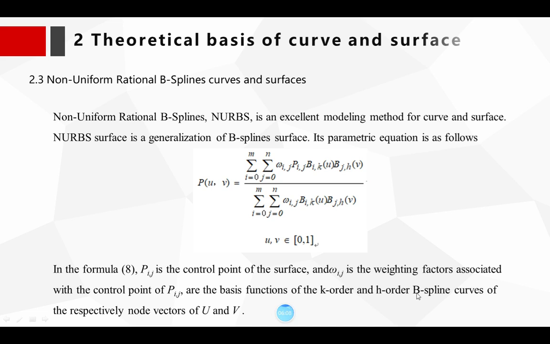Its parametric equation is as follows. In the formula, the point P is the control point of the surface, and omega is the weight associated with the control point P.